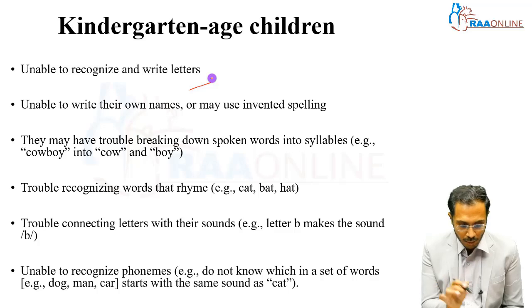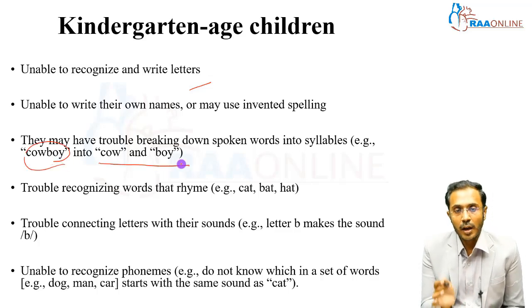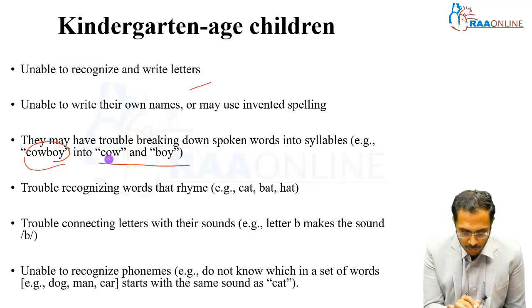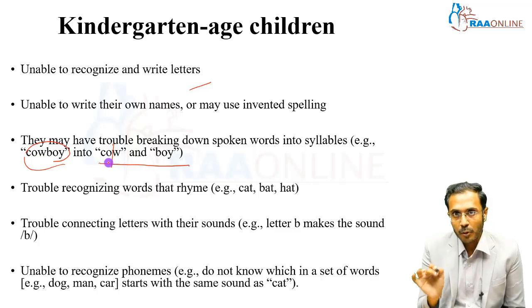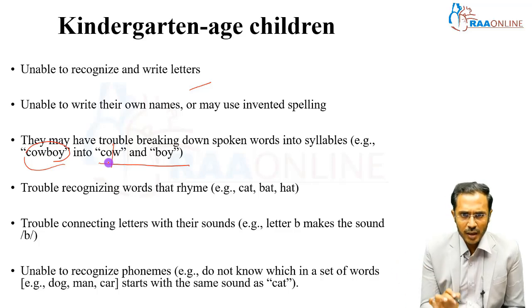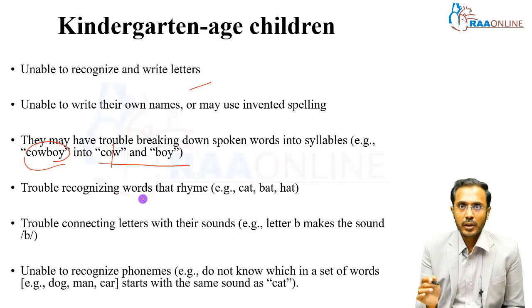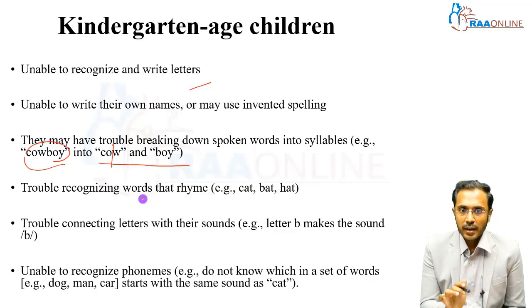For example, cowboy, they will be able to break into cow and boy, two words, but they will have problems in breaking a word into syllables. They have problems in breaking down spoken words into syllables, and trouble recognizing rhyming words, cat, bat, hat. When we ask them to identify rhyming words, they will have problems in that, and problems in connecting letters with their sounds.